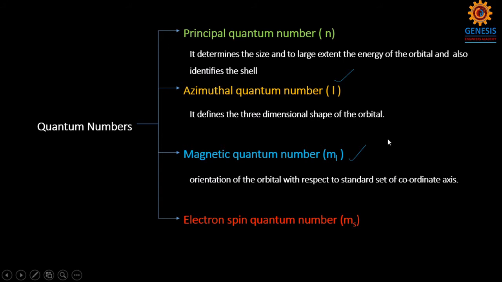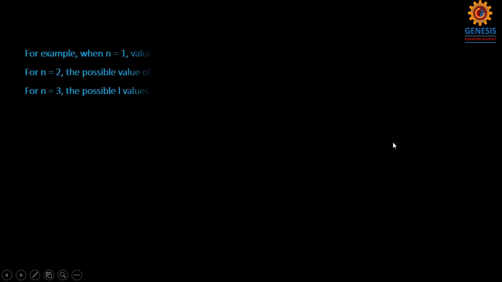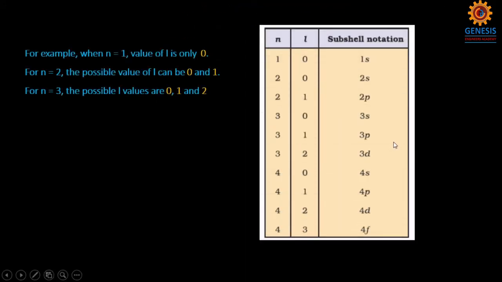Now we'll move on to the next topic, which you already know. If n is equal to 1, you have 1s. If n is equal to 2, you have l equal to 0 and l equal to 1, that is 2s, 2p.